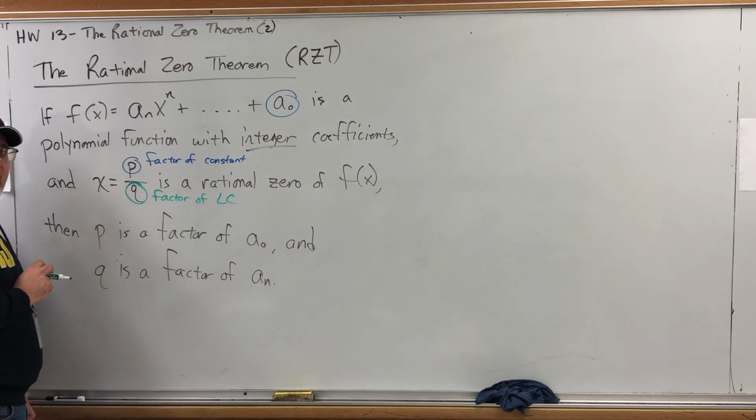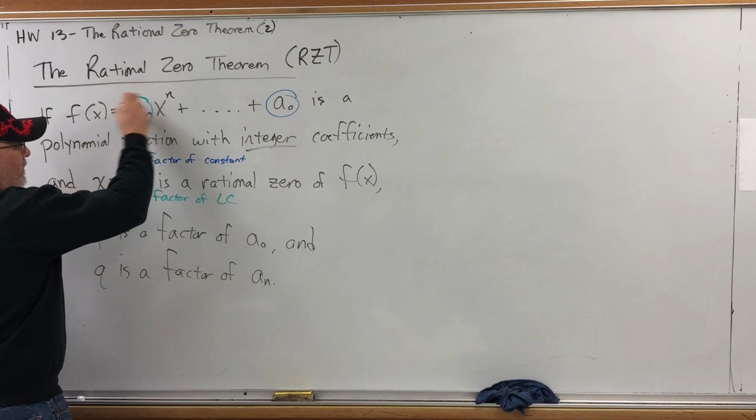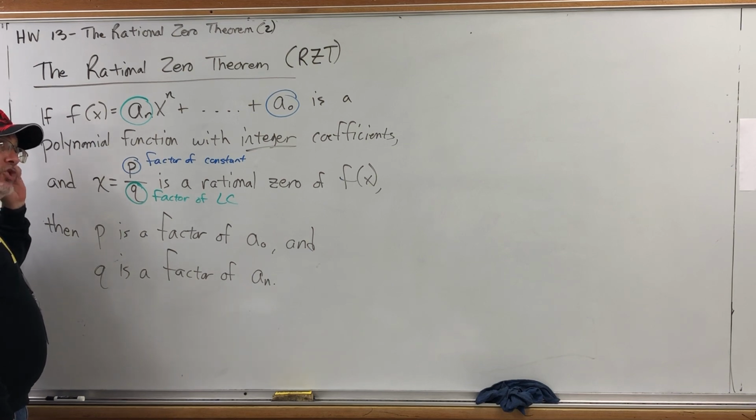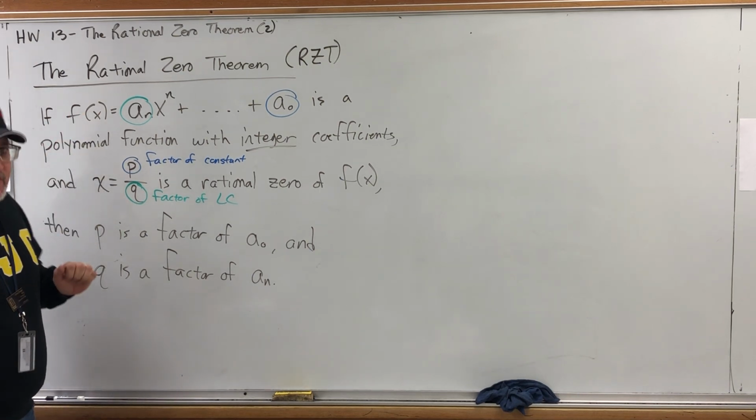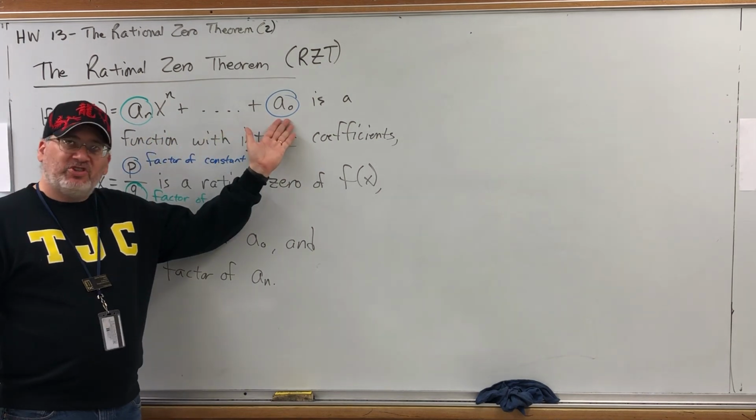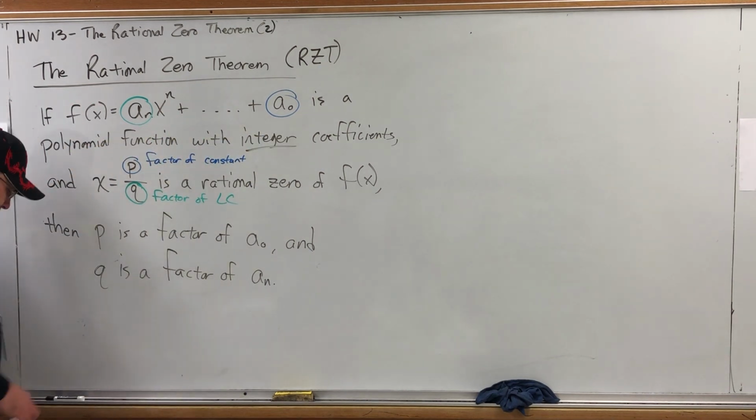Remember, we abbreviate that capital LC. So any rational zero, any whole number or fraction or ratio of whole numbers that make this function equal to 0 must be of the form factor of the last number on top of factor of the first number. So how can this help us?